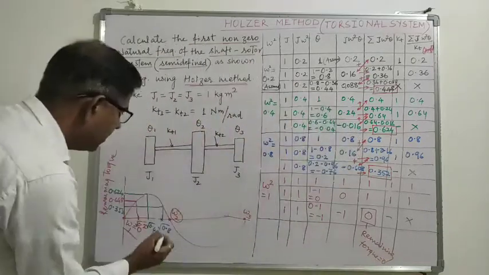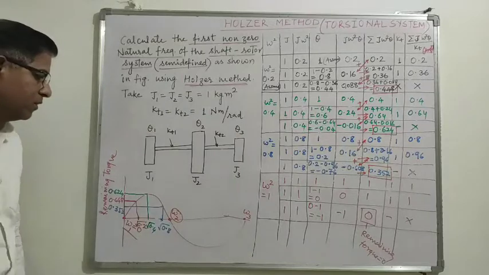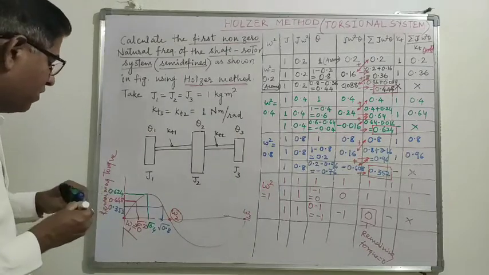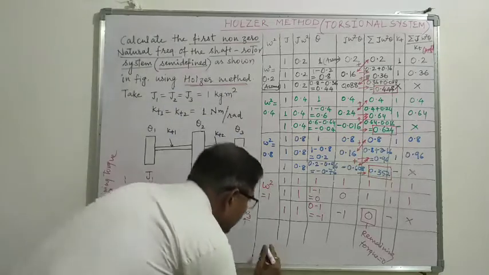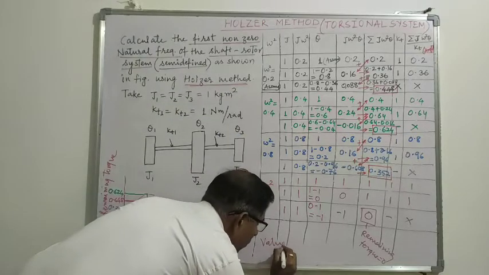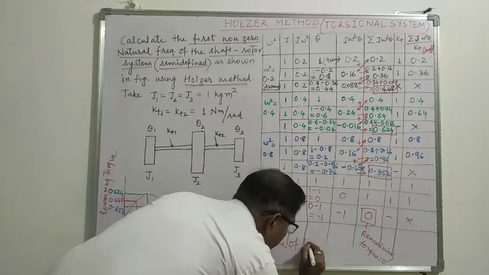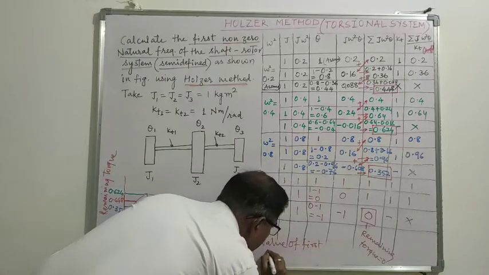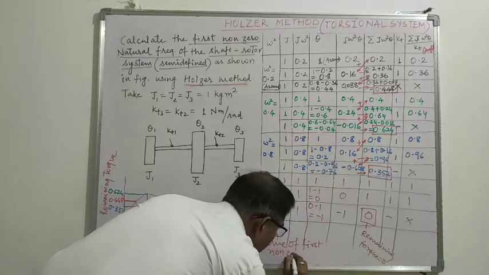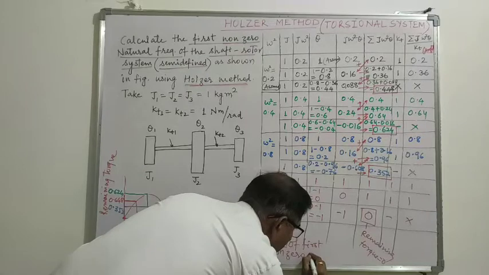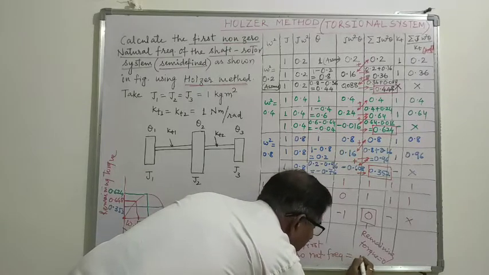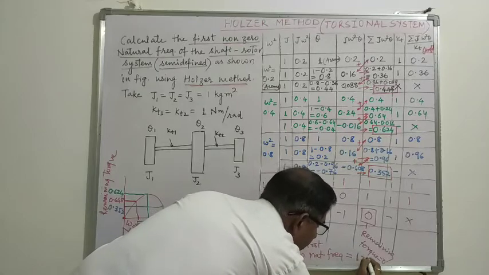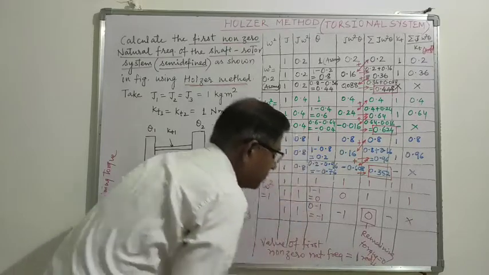So that means we have reached this point. So the value of the first non-zero natural frequency is equal to 1 radian per second.